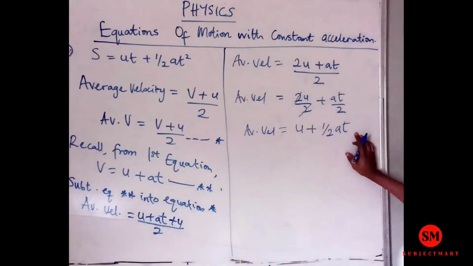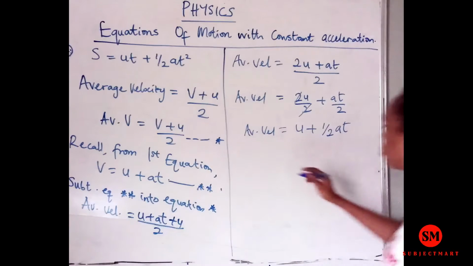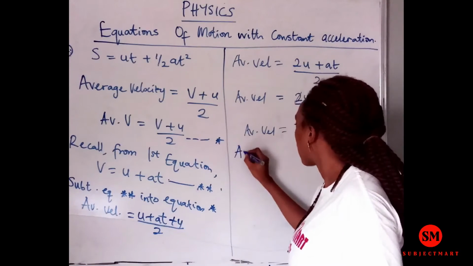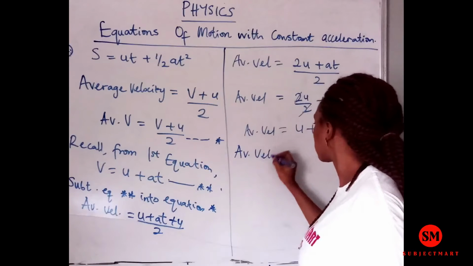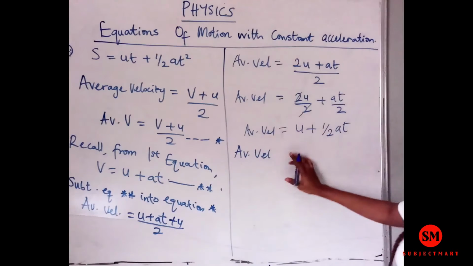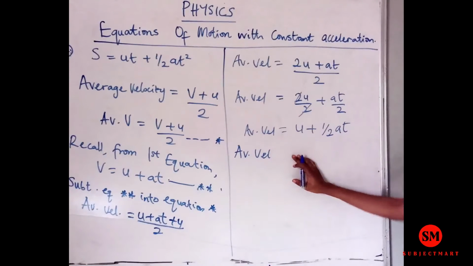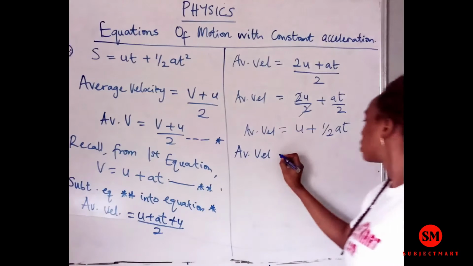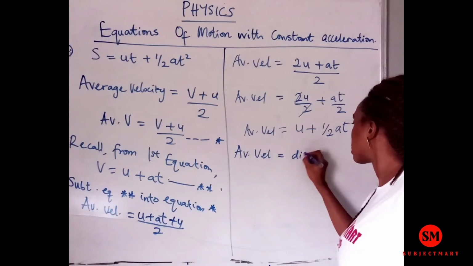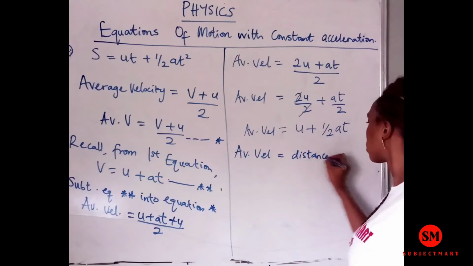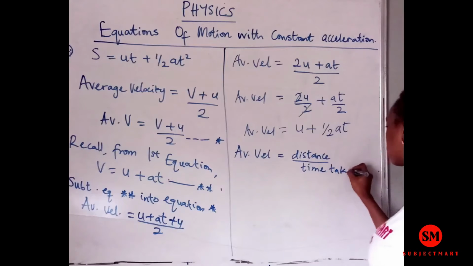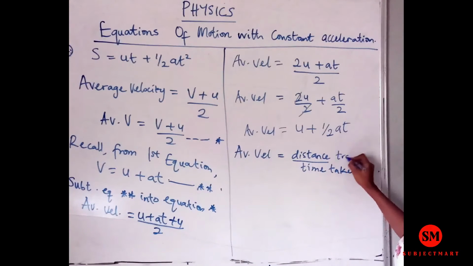Now let's move a step further. We remember that average velocity or speed, from our previous lesson, you can recall that average speed or average velocity is equal to distance over time, the distance traveled over time taken to cover that distance.